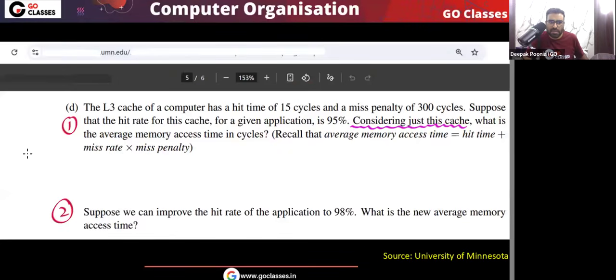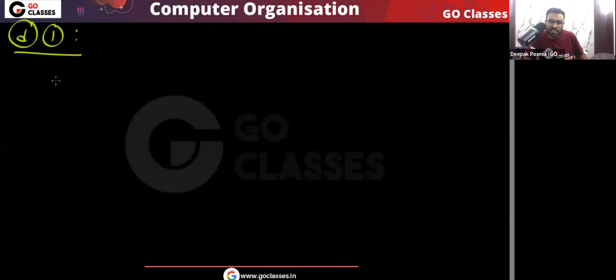So let's solve part 1 of this question. This is very simple. We only have a single level cache memory, because this L3 cache is the only cache that we have in the system. So what will be the average memory access time?